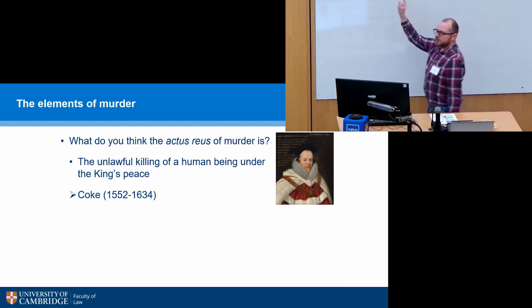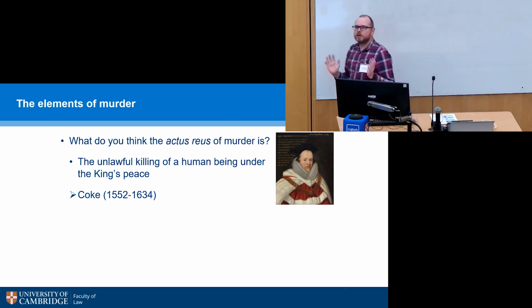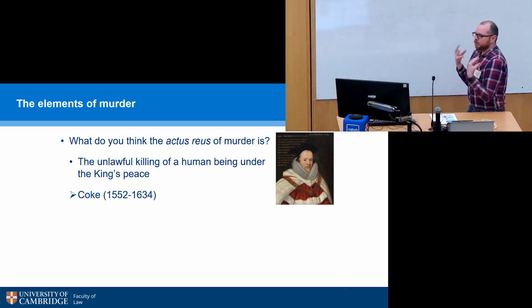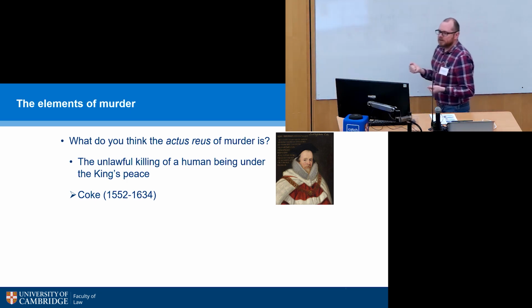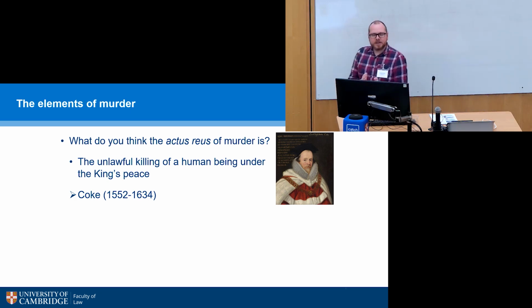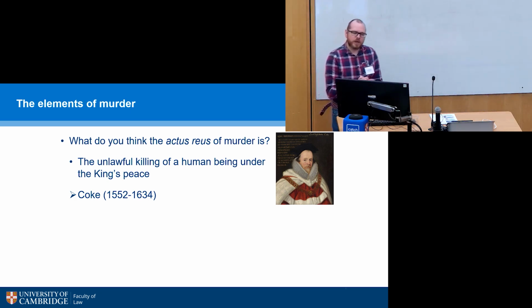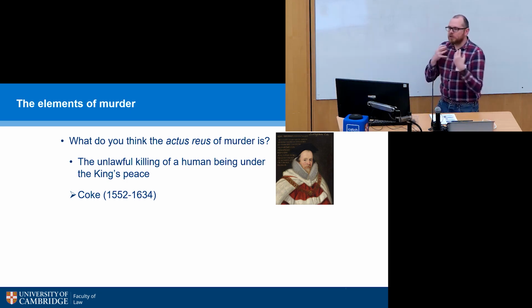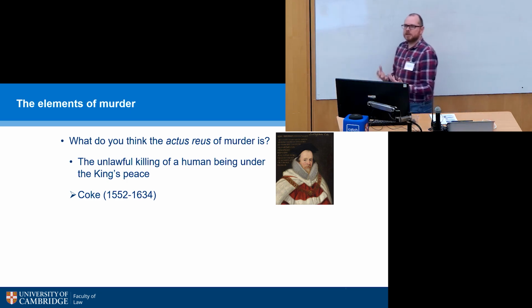So this person, Cook, spelt Coke, just to be difficult, law is like that, wrote down at some point during his lifetime, there's debate over when he did it, that the actus reus of murder is the unlawful killing of a human being under the king's peace. And since then, we have adopted that as the definition of murder.